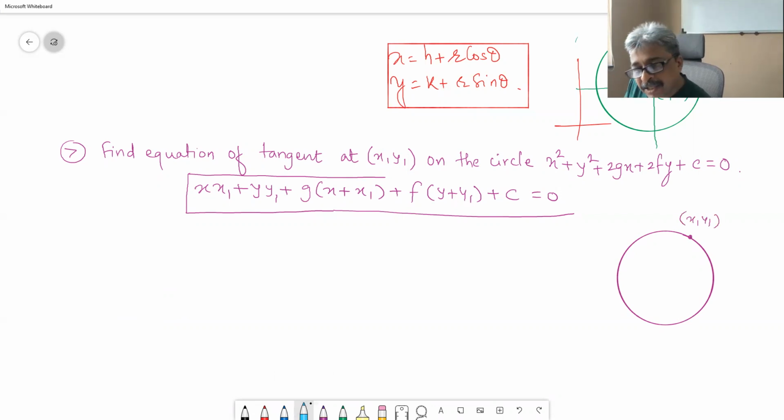So tangent is a line which is having only one intersection with the circle.